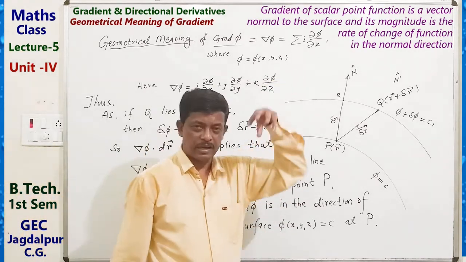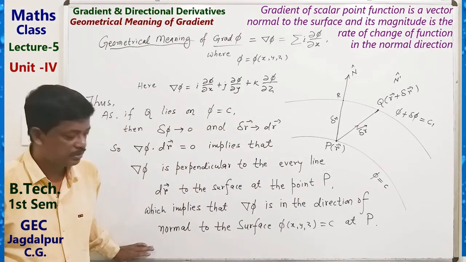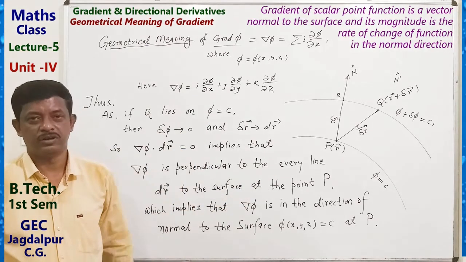That is, the direction of del phi is in the direction of normal to the surface.